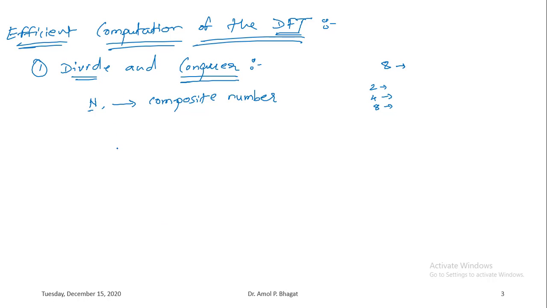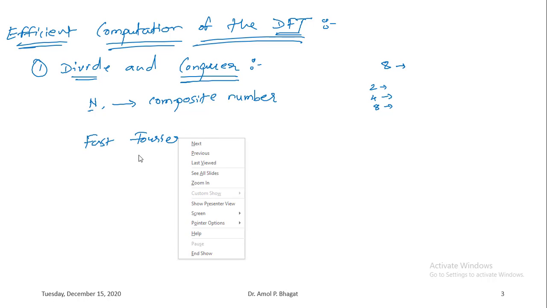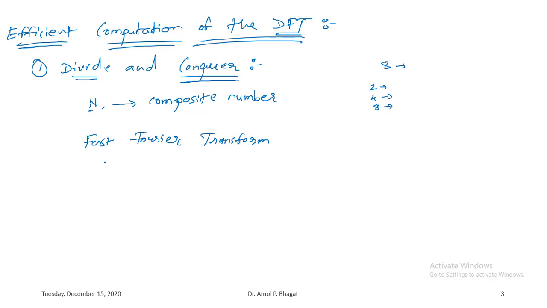In the divide and conquer strategy, we'll be discussing in digital signal processing the strategy called fast Fourier transform. This fast Fourier transform is categorized under the divide and conquer strategy. Again there are two ways of computing DFT by using FFT.